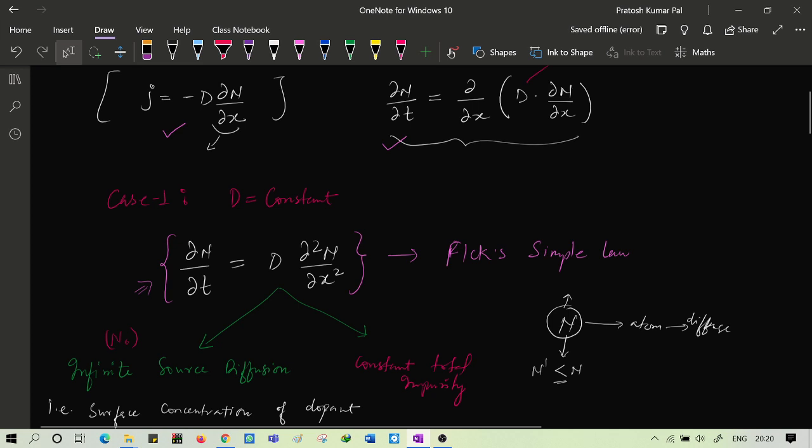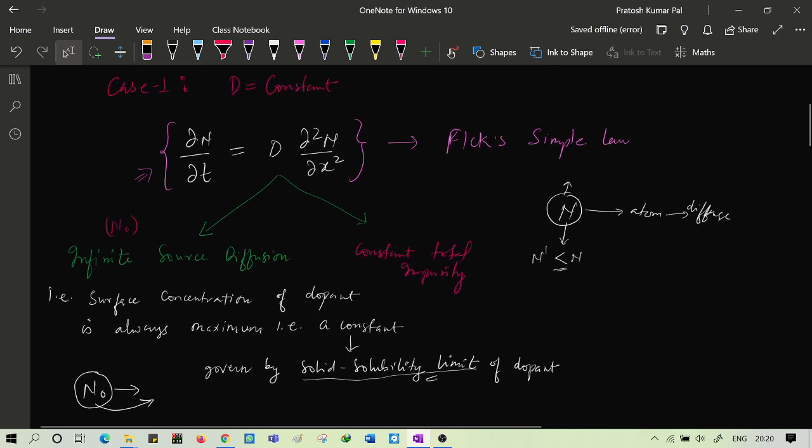If it is constant, then it is of two types: infinite source diffusion, having a concentration that is constant for different time periods, with an infinite source of diffusant. And the second part, where the total concentration of dopant or diffusant is constant.